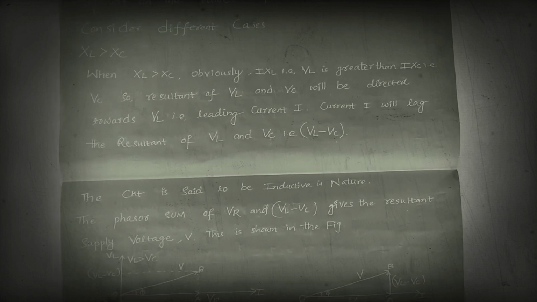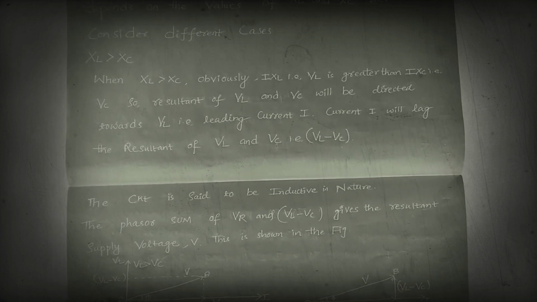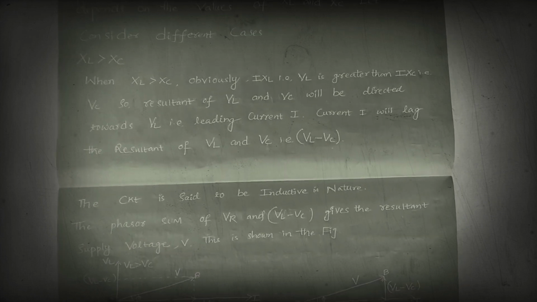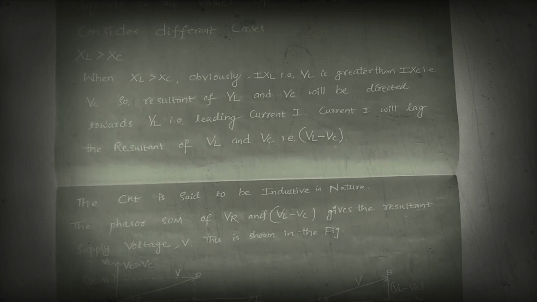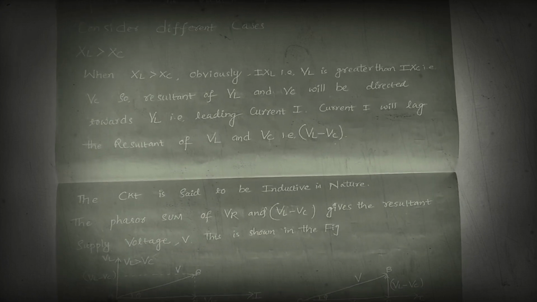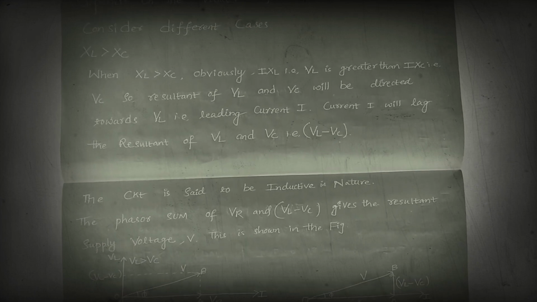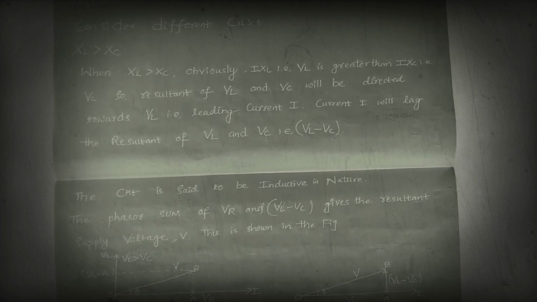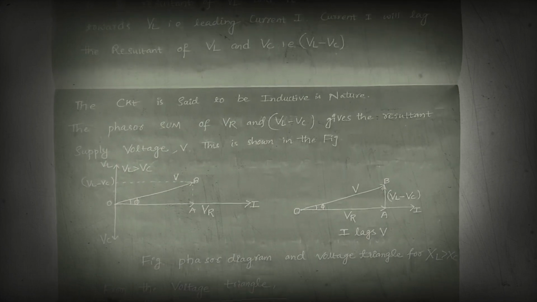So whenever XL is greater than XC, the current I will lag the resultant voltage, VL minus VC. The circuit is said to be inductive in nature.